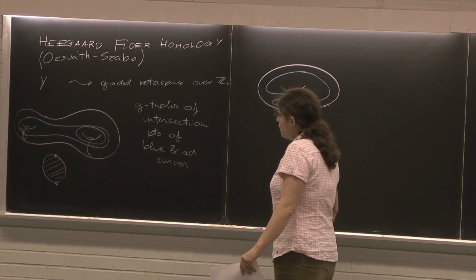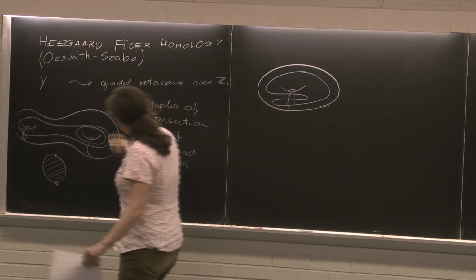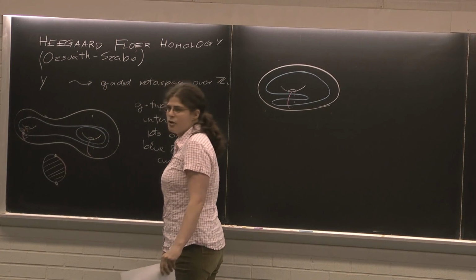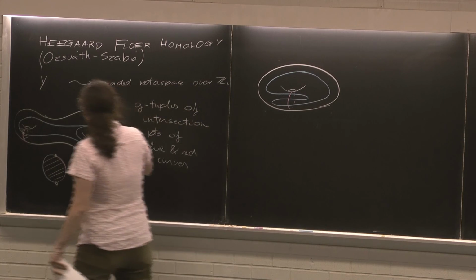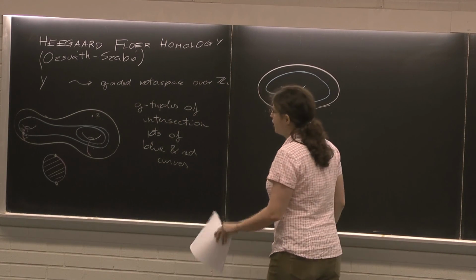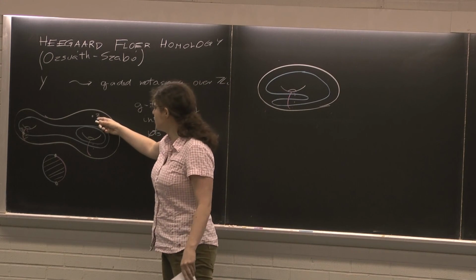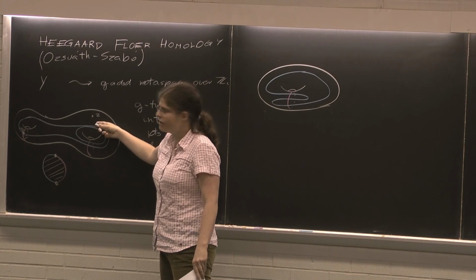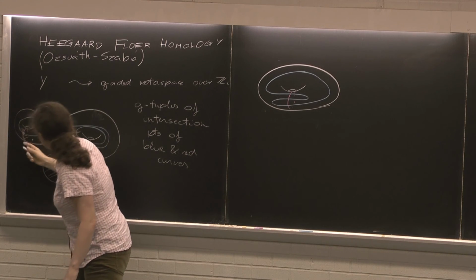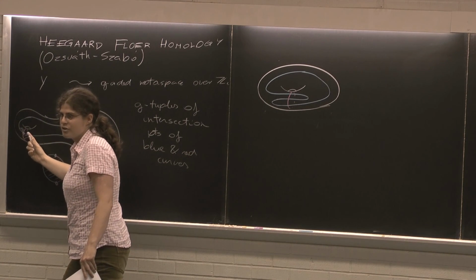Then, if you remember, for this theory to be well defined, you have to specify a point in the complement of the alpha and beta curves, and you only counted holomorphic curves which did not intersect this base point here. So, for example, if I put my base point here, that would not let this holomorphic curve start.